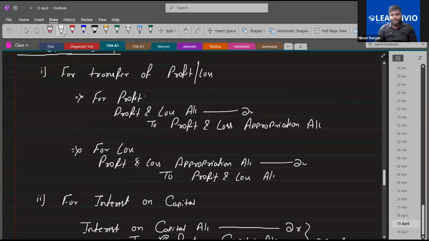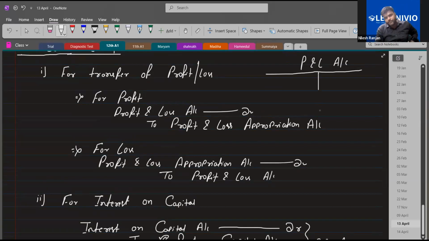Okay. Have you prepared profit and loss account in the financial statement chapter? Yes, in 11th. So net profit is calculated on the debit side, and net loss is calculated on the credit side.